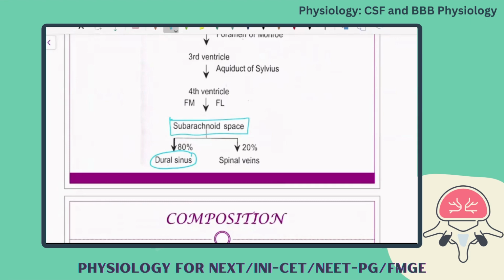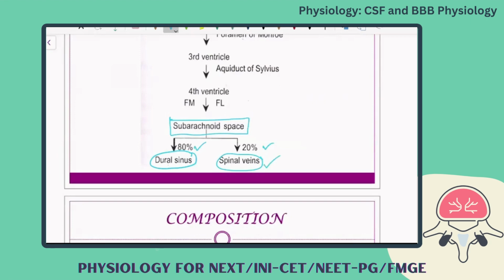Since the CSF is also present in the central canal of the spinal cord and the outer covering of the spinal cord, having the same subarachnoid space, spinal veins constitute the other 20% of CSF drainage.